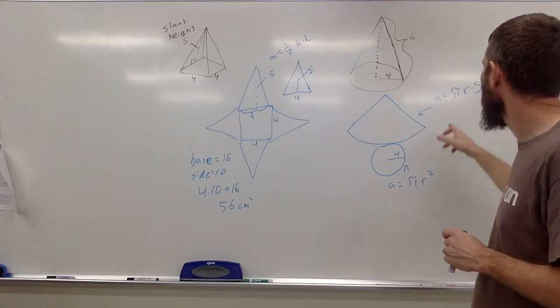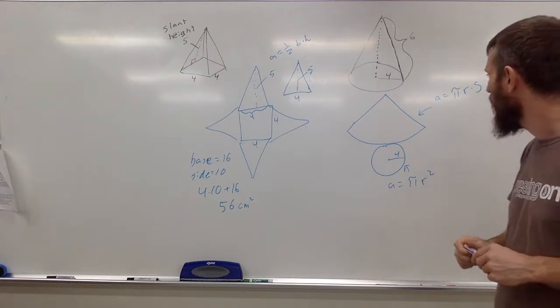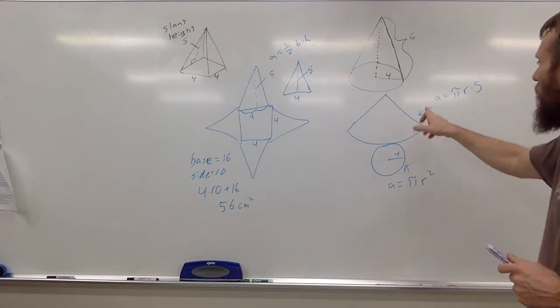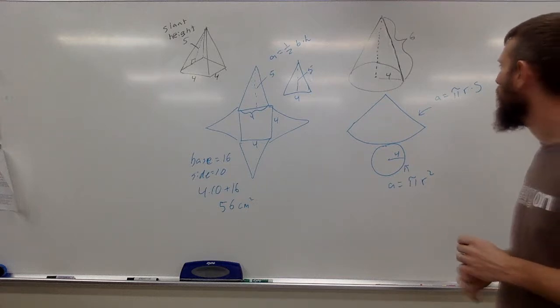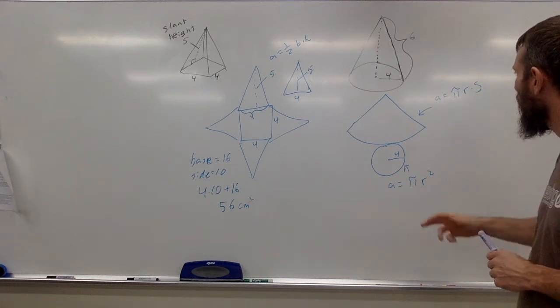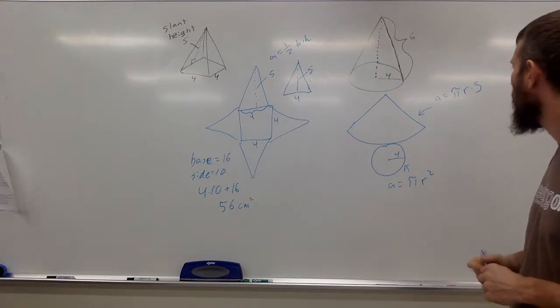Okay, so it's pi times the radius times the slant height. And it's a little bit similar to a triangle, but not exactly. So if we find this and we find this, and we add those two together, we can get the area of this cone.